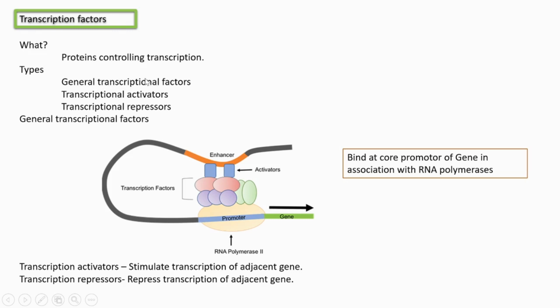Which are the different types of transcription factors? General transcription factors, transcriptional activators, and transcriptional repressors. General transcription factors bind to the core promoter region, upstream at the start point of the gene.